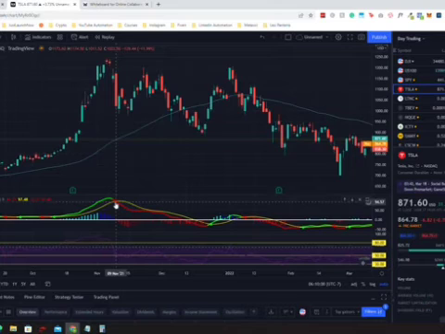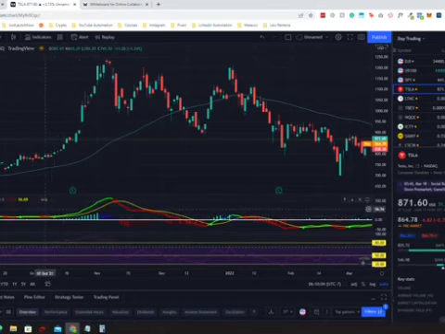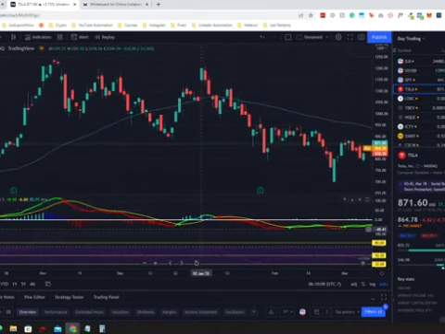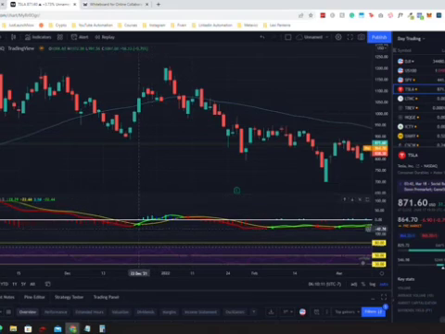So let's say you want to buy the stock. What you could do is, for example, it's going down, down, down here, and it's crossing the moving average, and it's going up. So this would be a good place to make an entry.